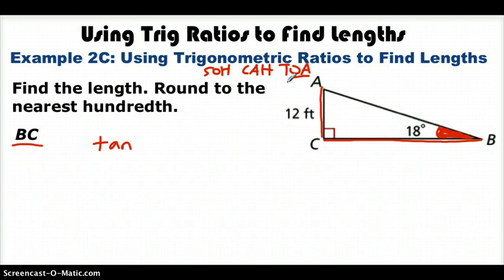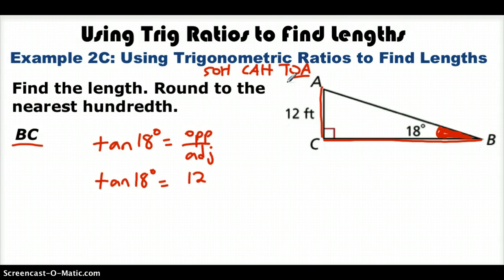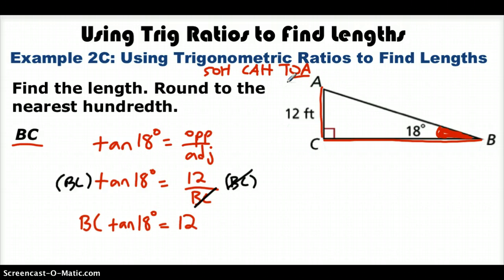So we'll say that the tangent of 18 degrees equals the opposite over the adjacent. The tangent of 18 degrees is equal to 12 feet over our adjacent side, which we'll just call BC. To isolate BC, I'll move it to the numerator by multiplying both sides by BC, which will cross cancel, and I'll get BC times the tangent of 18 degrees equals 12.